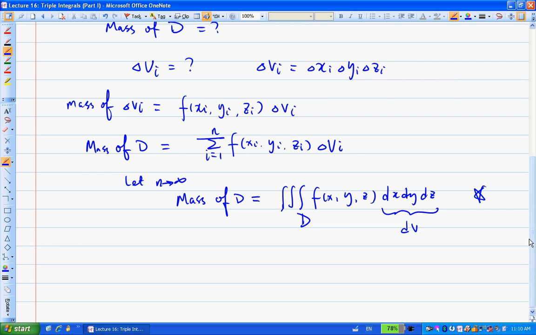Okay. So now the natural question here is, how do we calculate this triple integral? So let's take a look at how we evaluate this triple integral.